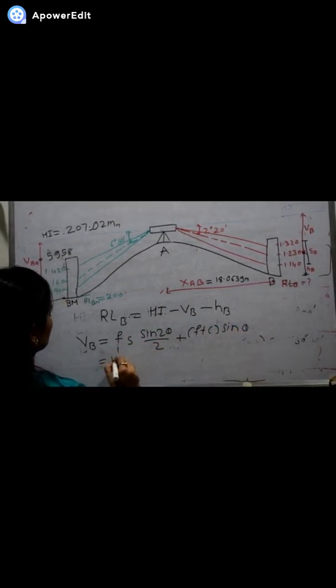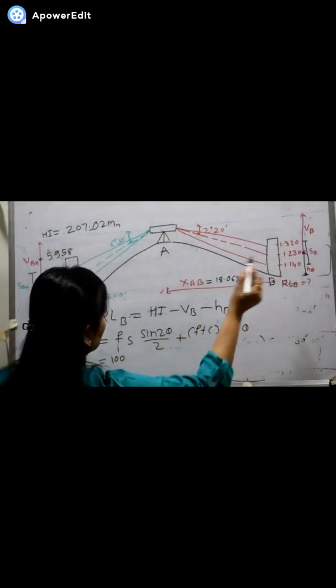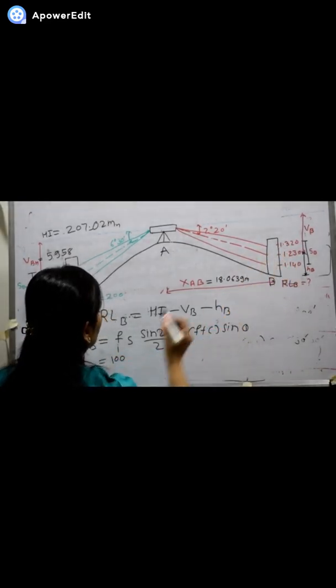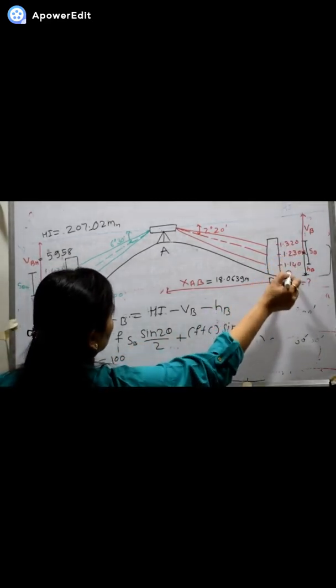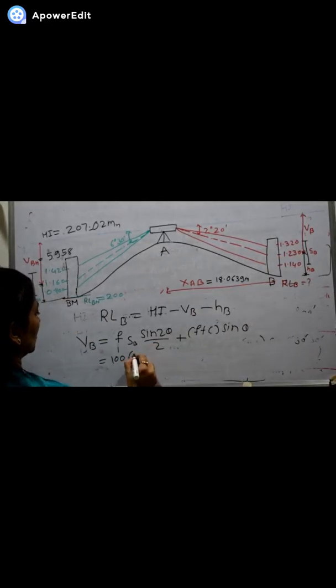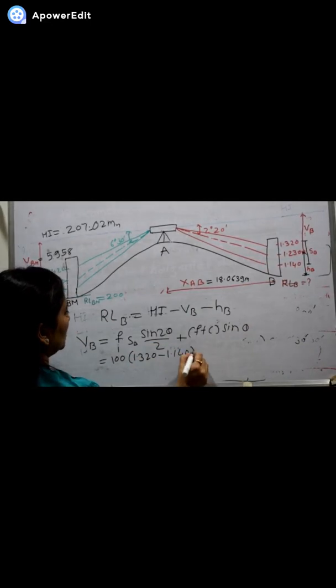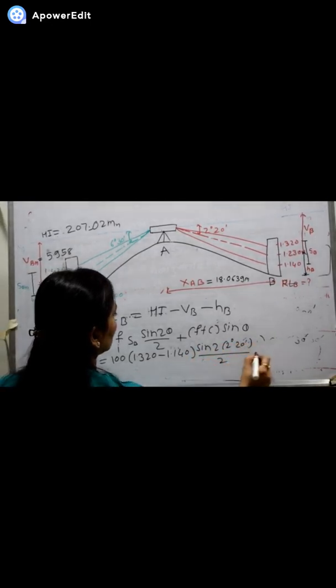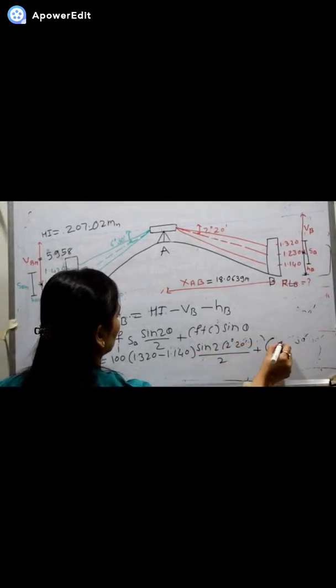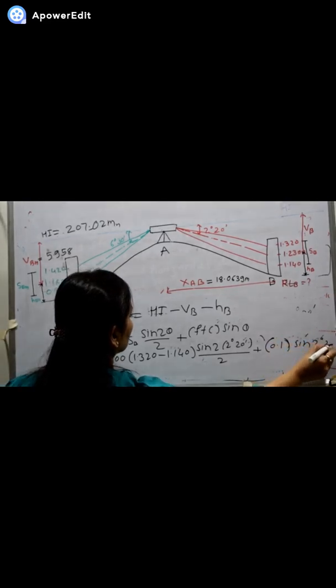Now in this case the multiplying constant remains same, but the S changes. This is S of B we are going to use. So it is 1.320 minus 1.140, sine 2 into 2 degree 20 minutes divided by 2, plus F plus C value 0.1 sine 2 degree 20 minutes.